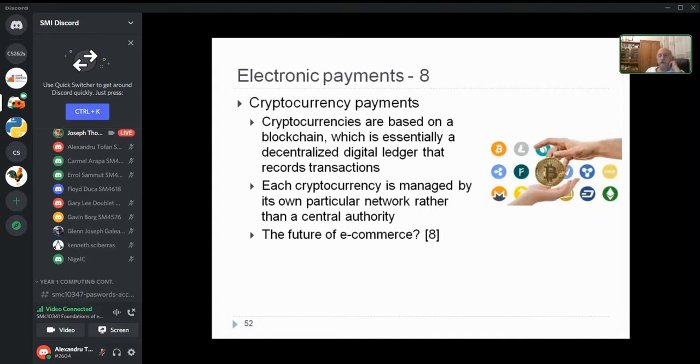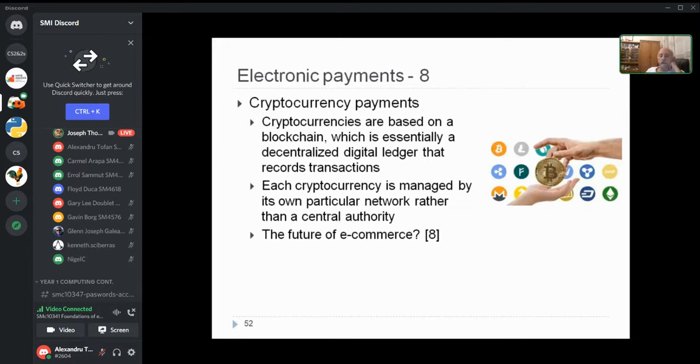Cryptocurrency payments, right? Cryptocurrency is based on blockchain technology. Essentially, this is a decentralized digital ledger where transactions are recorded and there is a greater level of security. Now, each cryptocurrency is managed by its own particular network. There is no central authority that manages cryptocurrency.